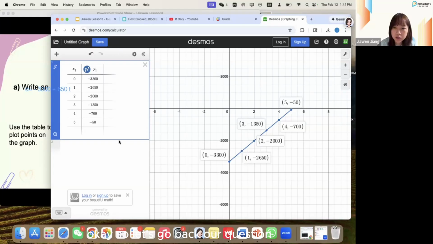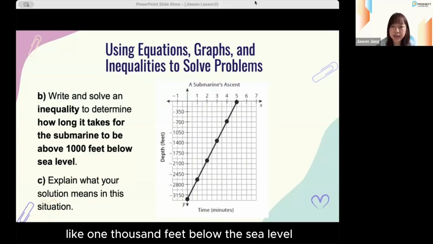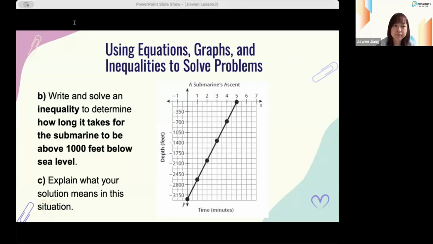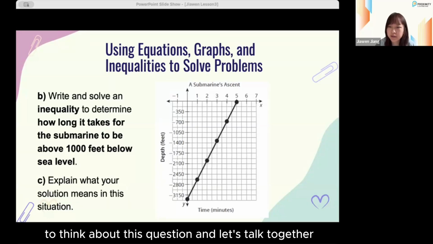Okay, so let's go back to our question. Right now, try to write and solve an inequality to determine how long it takes for the submarine to be above 1,000 feet below sea level. I'm gonna give you 30 seconds to think about this question and let's talk together.